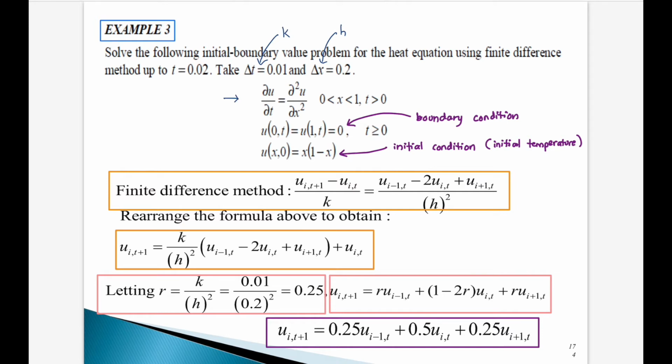You can write this in the simpler form, Ut is equal to Uxx. So u(x,t) means the temperature at position x and time t.